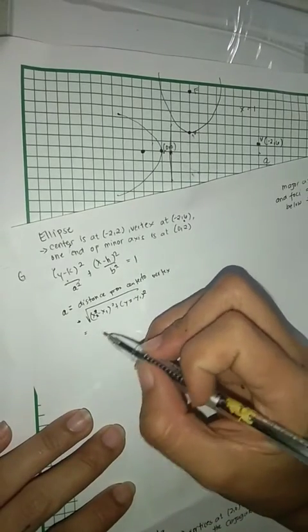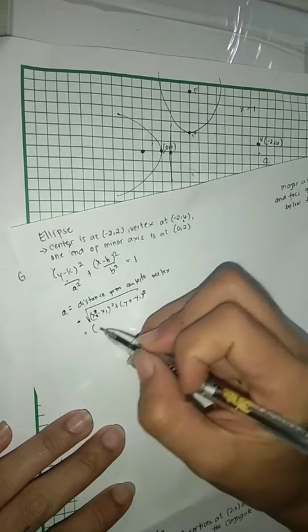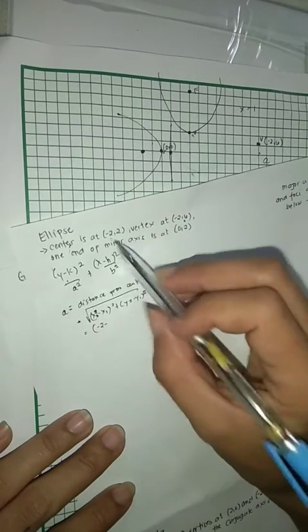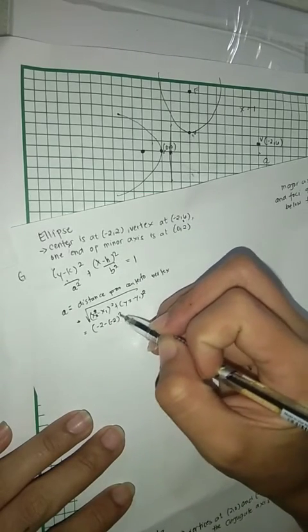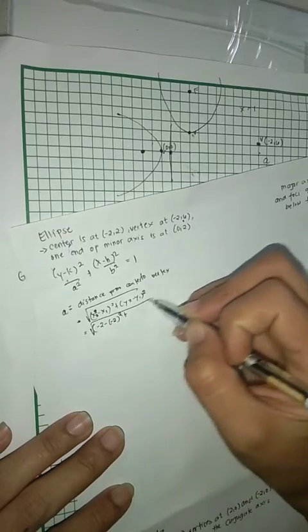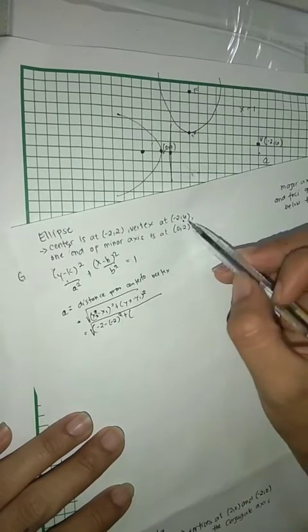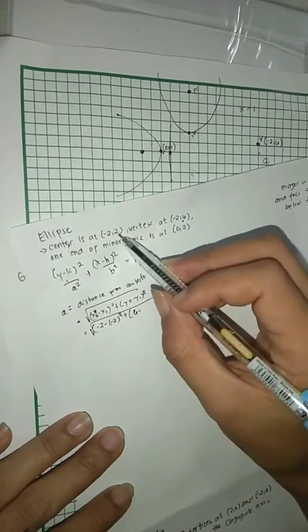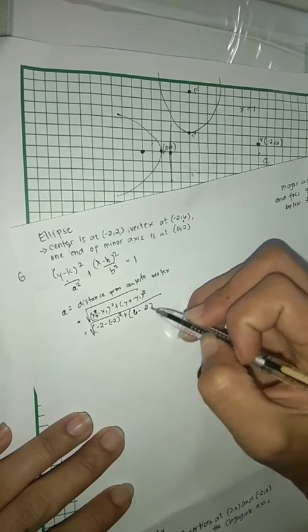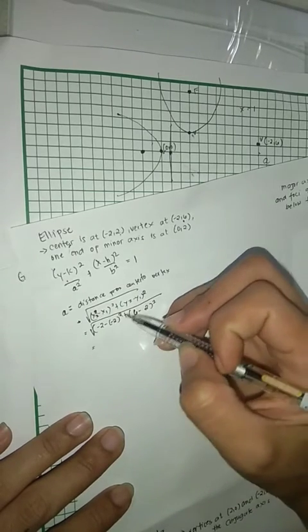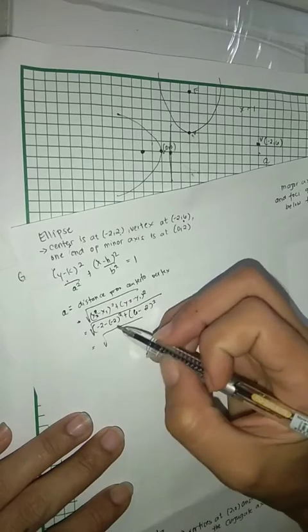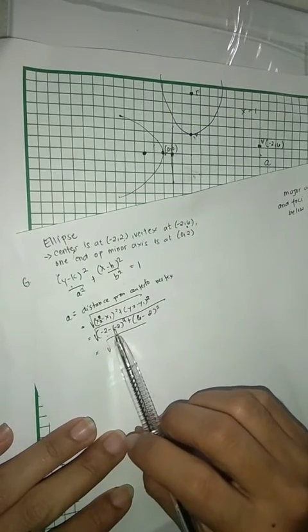So x sub 2, which is negative 2, minus x sub 1, negative 2, squared, plus y sub 2, which is 6, minus y sub 1, which is 2, squared. That would give us the answer.